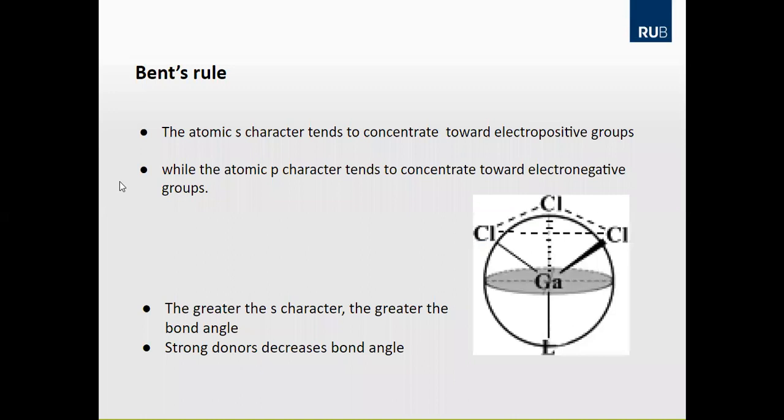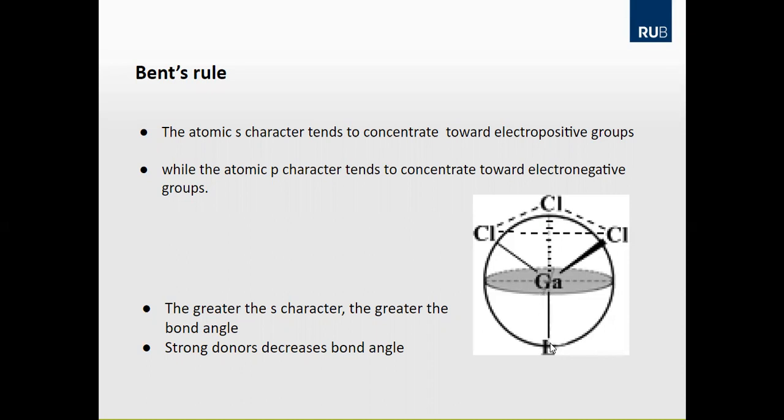For this, we have to consult Bent's rule, which states that the atomic s character tends to concentrate towards the electropositive group, while the atomic p character tends to concentrate towards the electronegative group. So what it means is that when the ligand is electropositive, when it has more donor strength, then the s character of gallium will concentrate in this region.